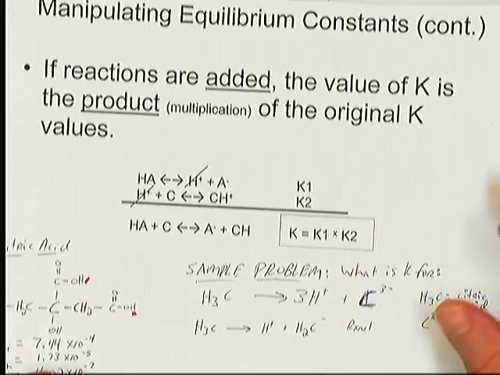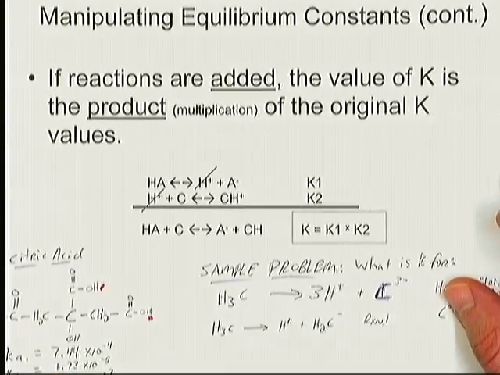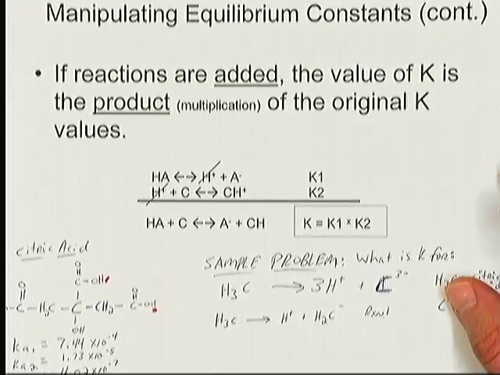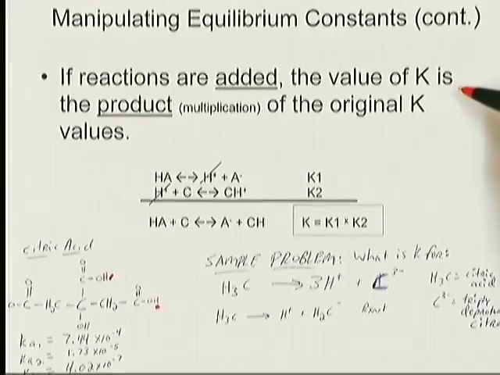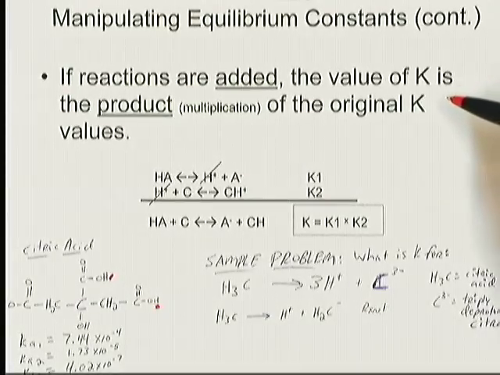Let's talk about the third and final rule for manipulating equilibrium constants. This rule is for the case in which reactions are going to be added together. I just mentioned that in some cases we'll want to add several reactions together to generate a new reaction that we want to know the equilibrium constant about.